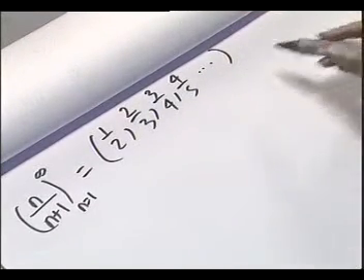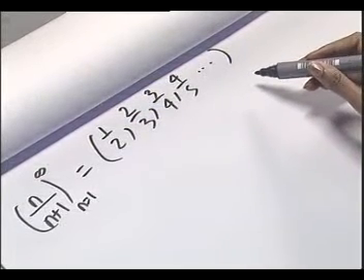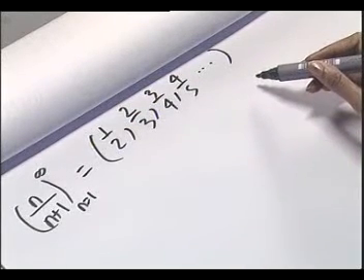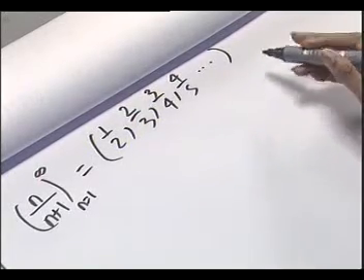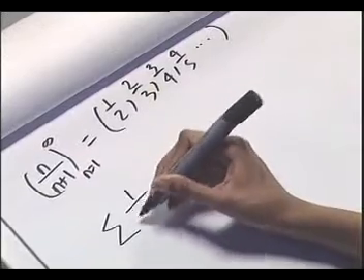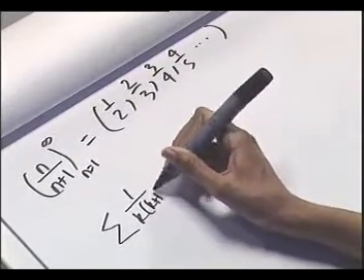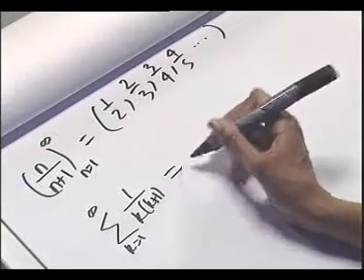Now you can see that this sequence gets closer and closer to 1. In fact, the sequence has limit 1. So the sequence of partial sums for that last series has limit 1, and that must mean that this series has sum 1.